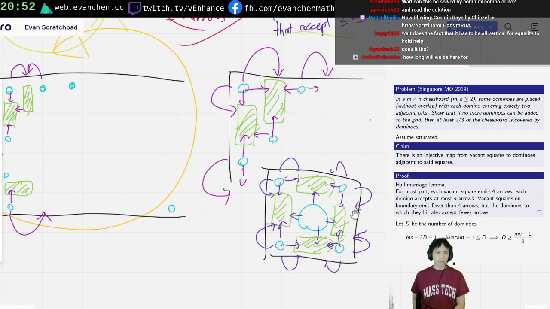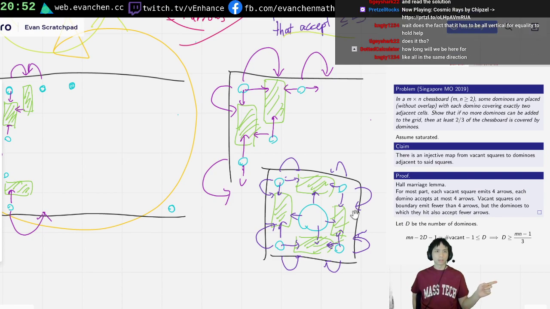No, what we have now is that if we're in the very bad situation, then all 4 corners are vacant. Moreover, every domino should have exactly... No, I don't think. Is that true?